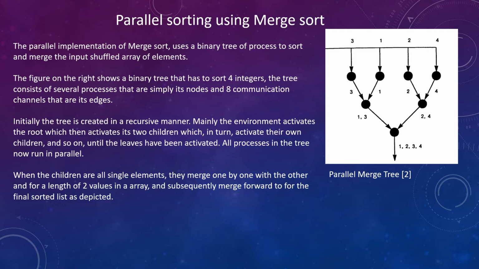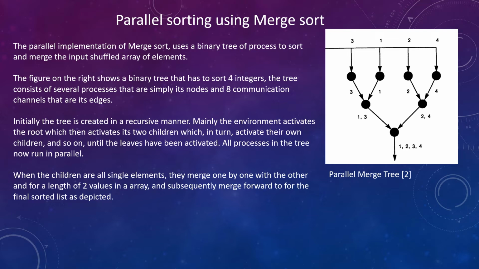So basically we see that when initialization of this binary tree occurs, it is recursive in nature. Each process over here is basically getting activated as a child process, and they basically merge together to give the final output, and they are all parallel processes which are running together and syncing together.